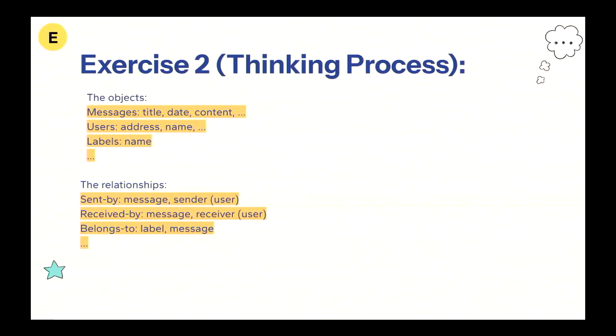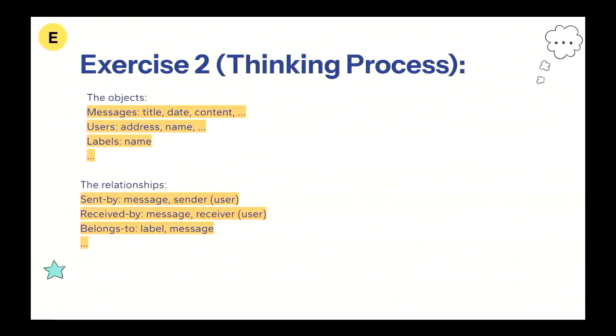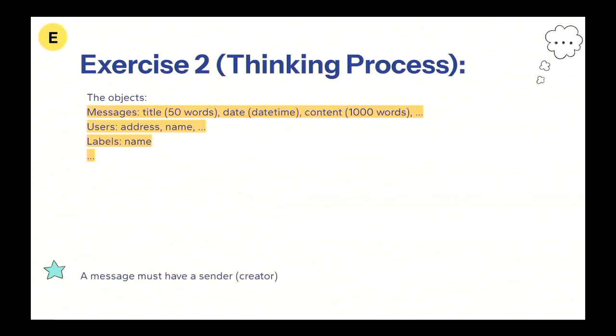As we just discussed, we can have sent by, we can have received by, we can have belongs to. However, we can optimize the sent by as a constraint to make the sender of the message an attribute called creator for the message.